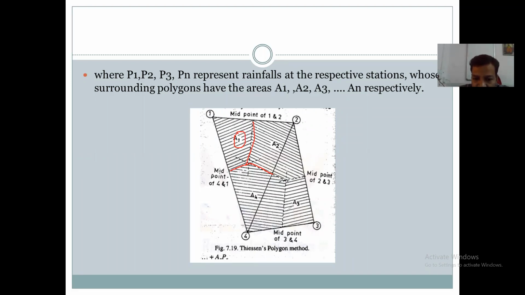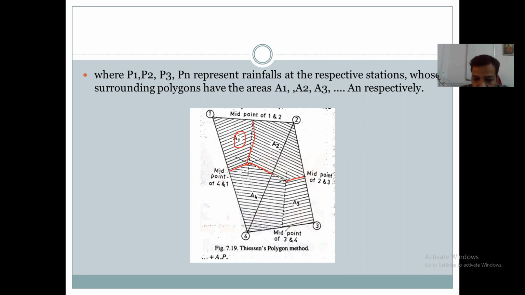Then this bisector is extended here. From the midpoint of this 2 3 side, a perpendicular bisector is taken.